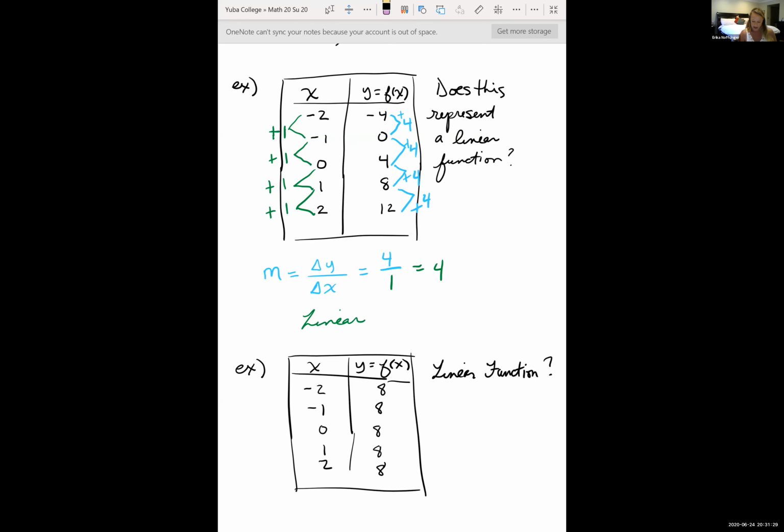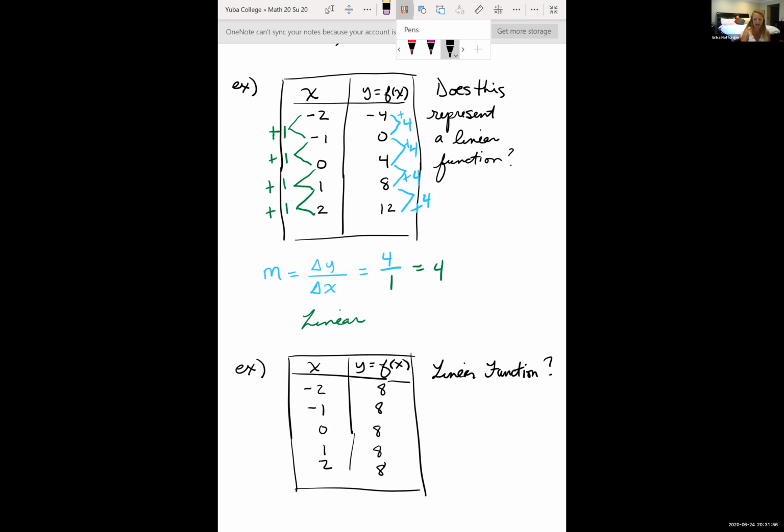It's a function, just not a linear function. As long as the rate of change is equivalent for each x and y value, we're good. The rate of change between our x values is always 1. And our rate of change between our y values, from 8 to 8, we're not changing, right? That's 0. From 8 to 8, I'm not changing anything. Again, that's 0.